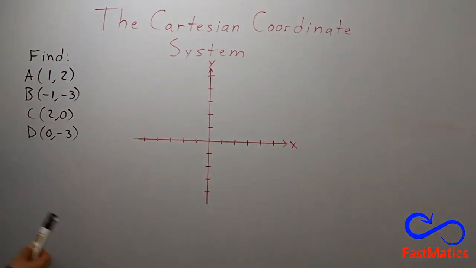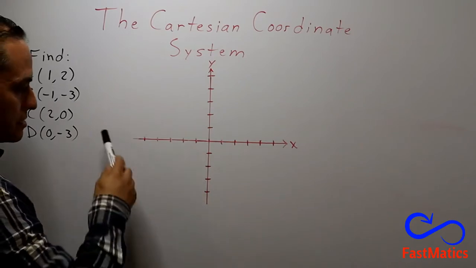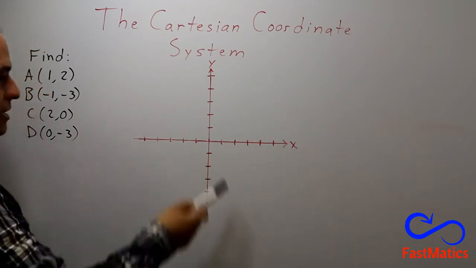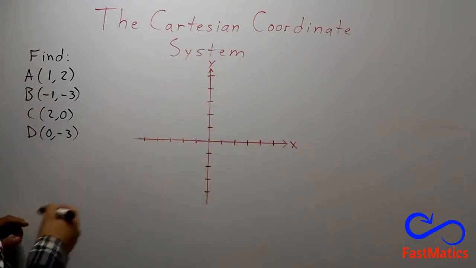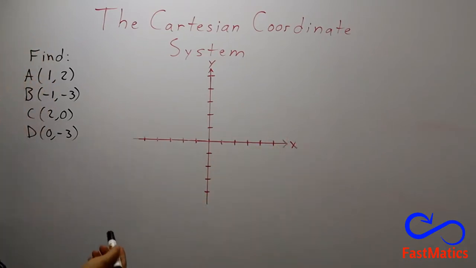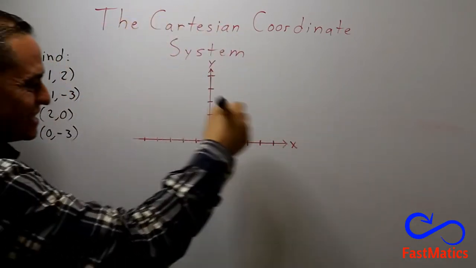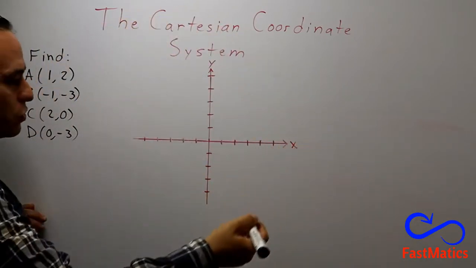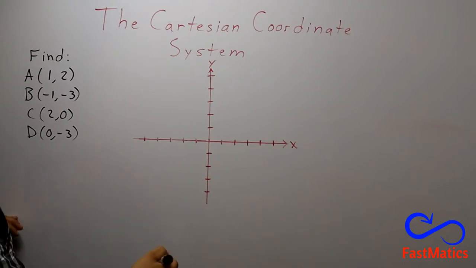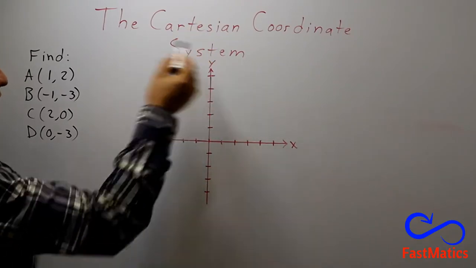First of all, we have to say that the Cartesian coordinate system, in two dimensions, has two straight lines, one horizontal line and one vertical line. The horizontal line is normally called the x-axis, but you can write y, z, or w, it doesn't matter. The vertical axis is normally called the y-axis.